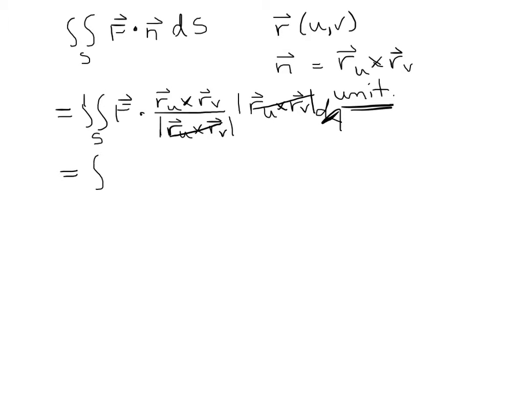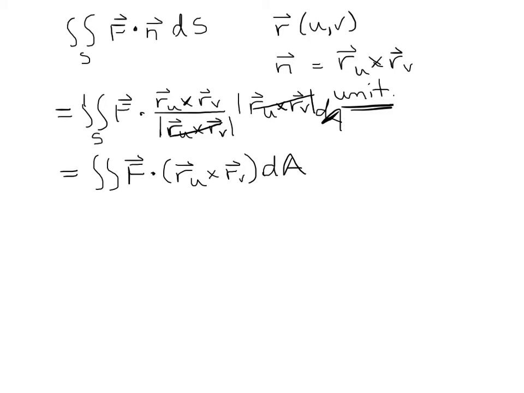So another way that we can evaluate the flux of F across S, or evaluate this surface integral of a vector function, is to take the vector field and dot it with r sub u cross r sub v dA.